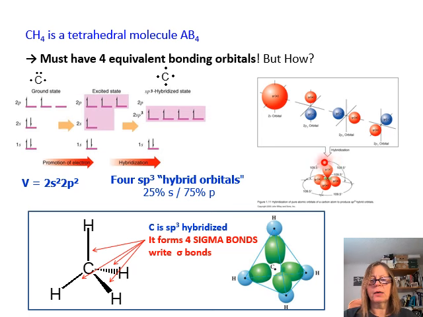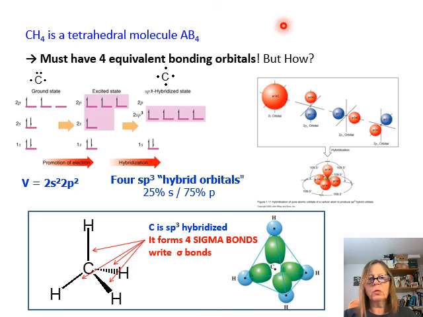sp3 hybrid orbitals. Why sp3? Simply because they're made of 1 s and 3 p orbitals. So think s-p-p-p gives sp3.